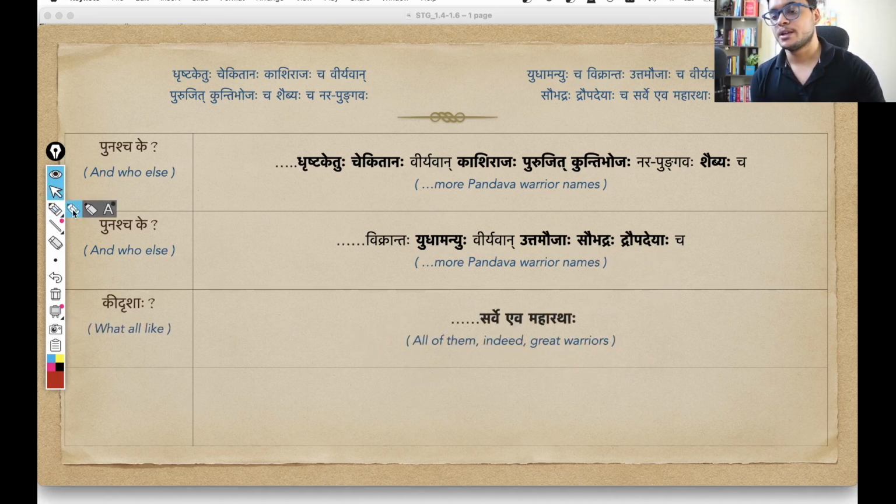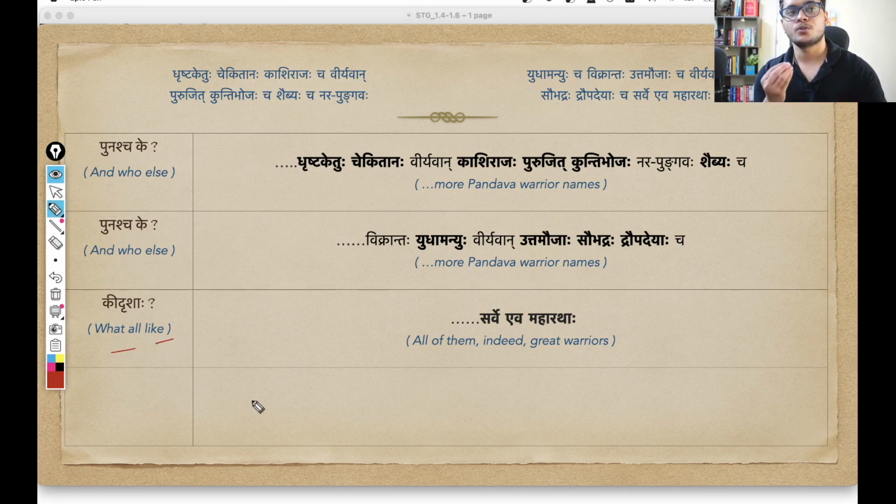Kidrishaha, what were they all like? Again he's repeating, what were they all like? Sarve eva Maharathaha. All these warriors whose names Duryodhana mentioned in the 4th, 5th, and 6th shloka, he concludes by saying Sarve eva Maharathaha.